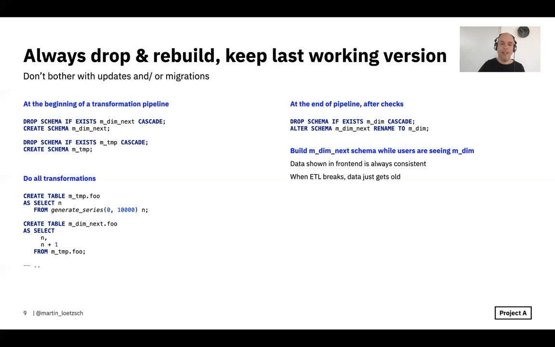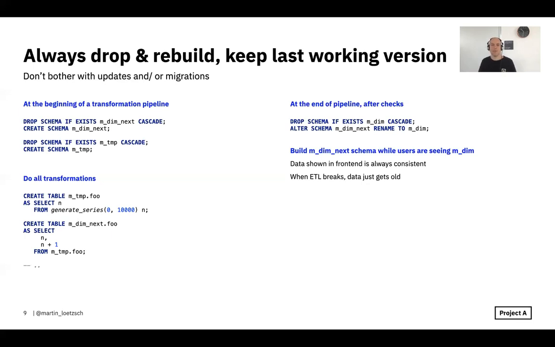And more importantly, when your ETL breaks, then your data just gets old. If somewhere in these transformation steps you get stuck because of a data problem or whatever, then there will not be a situation where there are either no tables in your reporting tool or inconsistent tables.